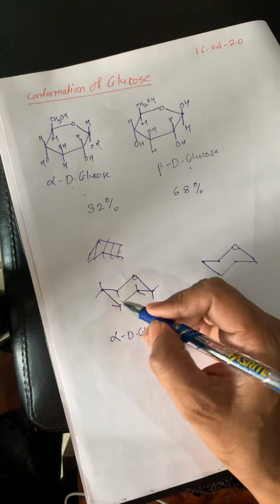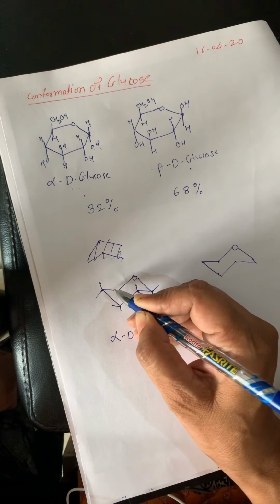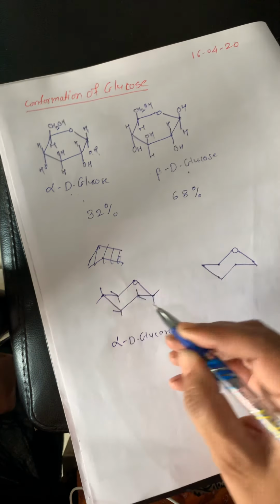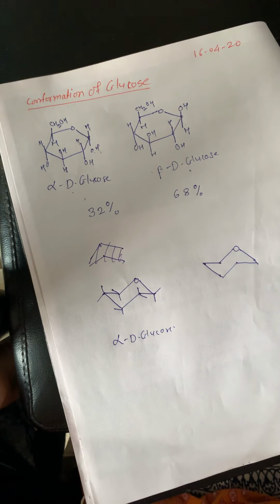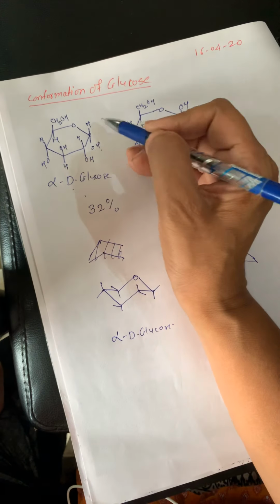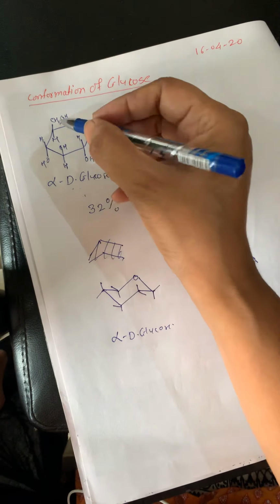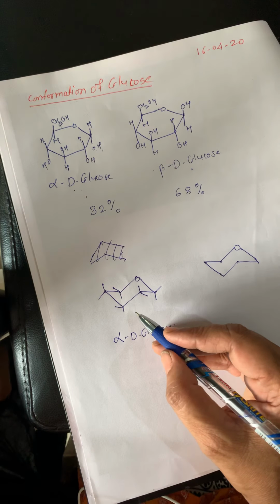The left-hand side equatorial is oriented along the left-hand side, the right-hand side equatorial along the right-hand side. Then start from this carbon atom. Here the upward groups are present on the upward side.